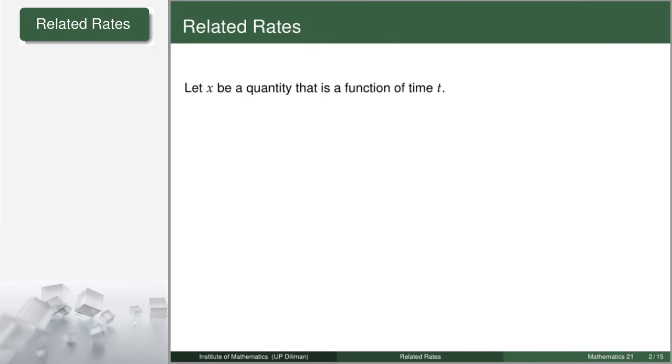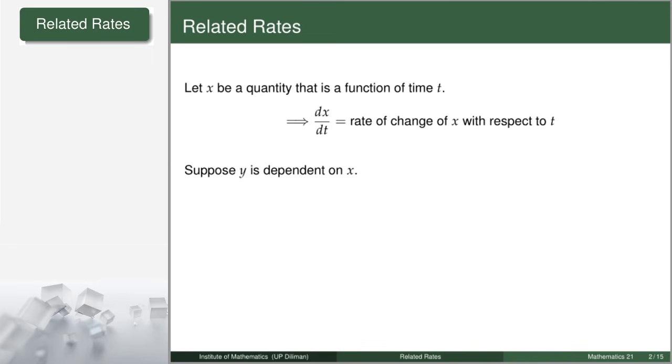In the last lecture, we learned that if I have a variable, say x, and it is dependent on another variable, say t, we can talk about the rate of change of x with respect to t by getting dx over dt. Now suppose I have another variable, say y, and this is dependent on our variable x.